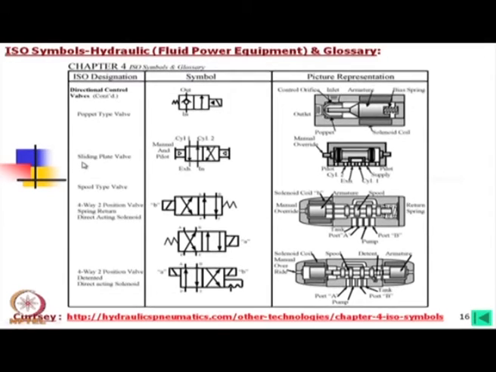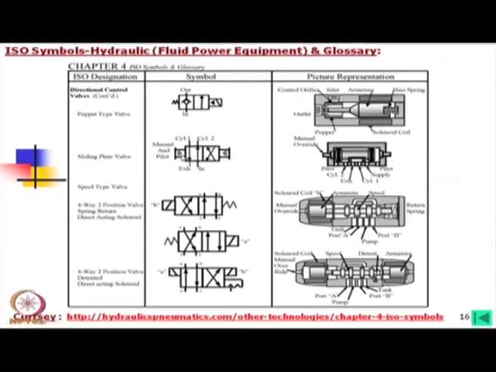If you come to this other component, we have a sliding plate. This plate can be moved this way or that way, then there will be two connections, and these operations are done either manually or by pilot. In this symbol, the extended lines are for manual operation, and this means there is a pilot.